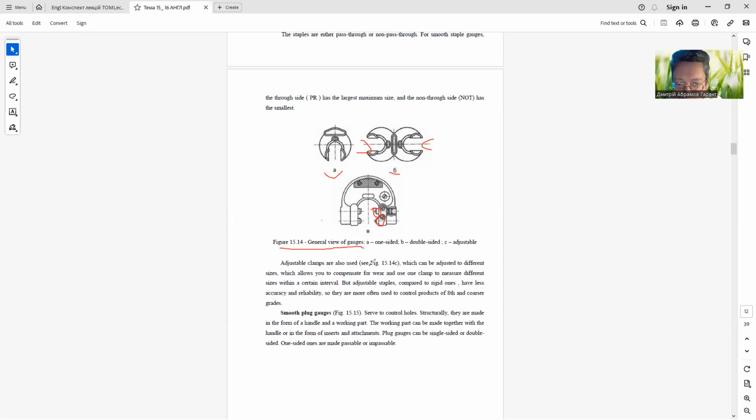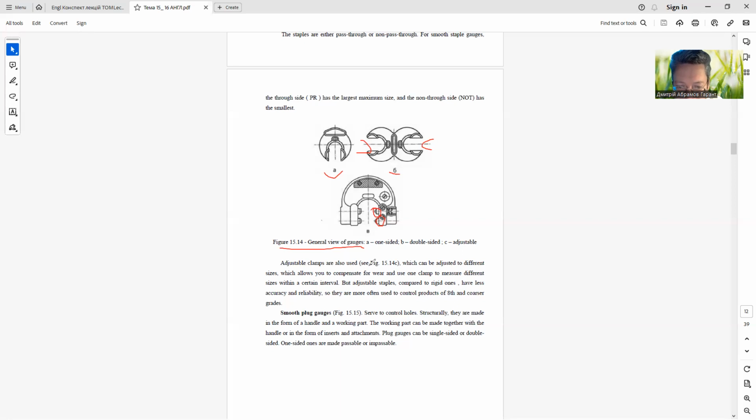But adjustable gauges compared to rigid ones have less accuracy and reliability, so they are more often used to control products with 8 IT grades.